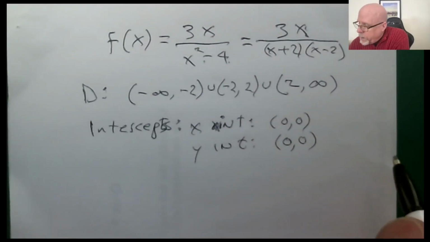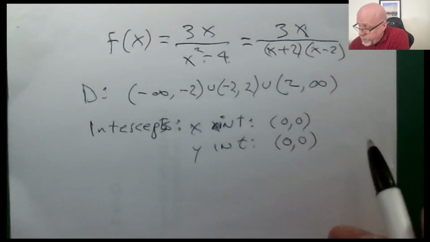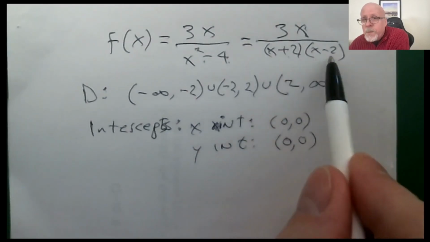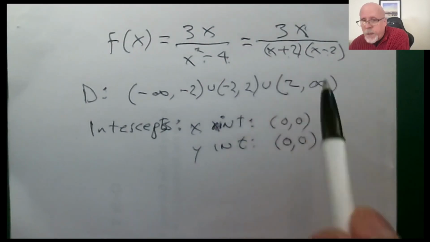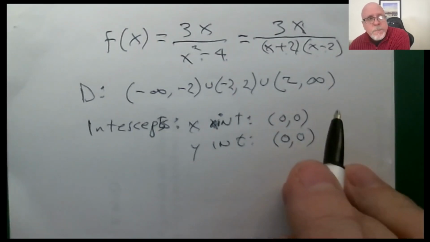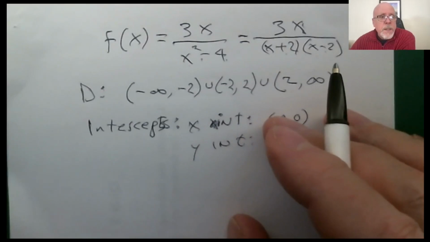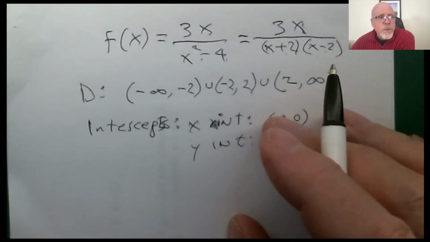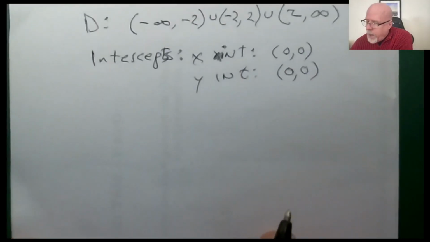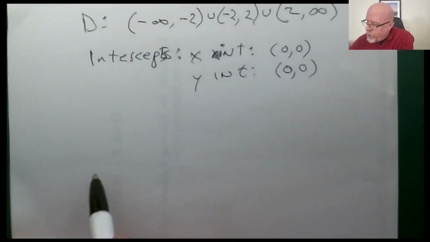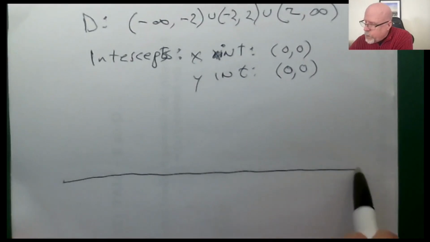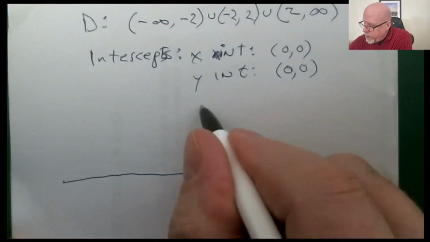All right, and then vertical asymptotes. There's one at -2 and there's one at +2, which you can see from the factored form of the denominator of that thing. So that's what we've got to do. Find the location of any vertical asymptotes. All right, at this point, I'm ready to draw in a loose schematic of what the graph looks like.